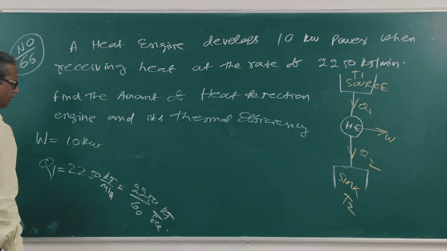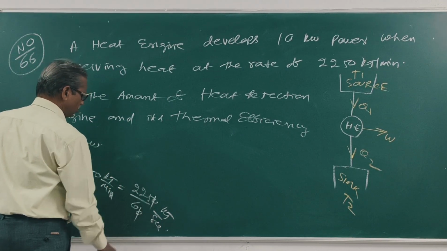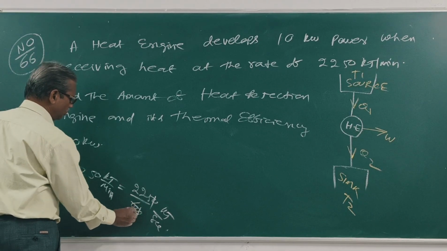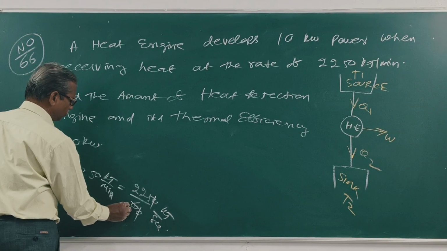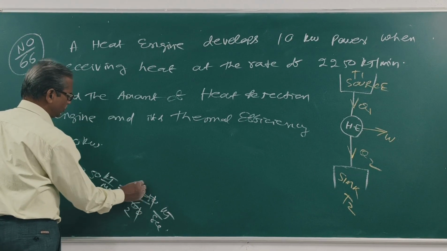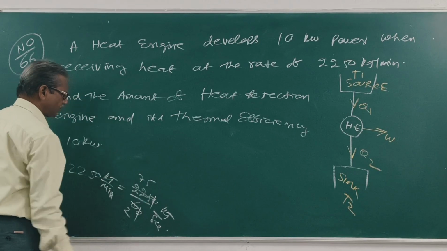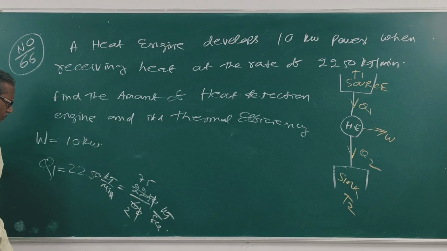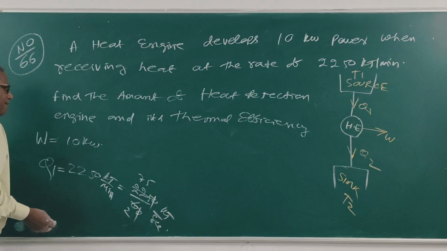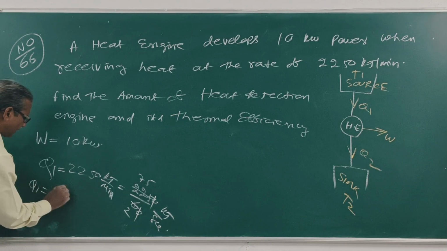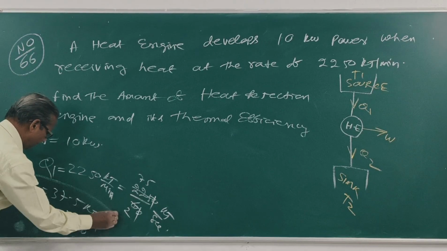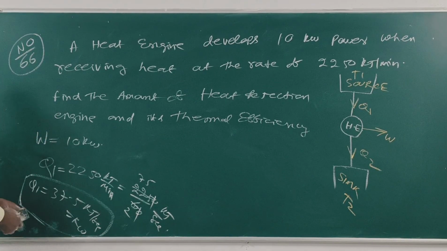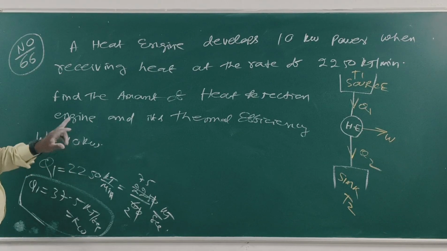That is 75 by 2, 37.5. Q1 is equal to 37.5 kJ per second, kilowatt. Right. This is kilowatt. Now what is Q2? What is efficiency?